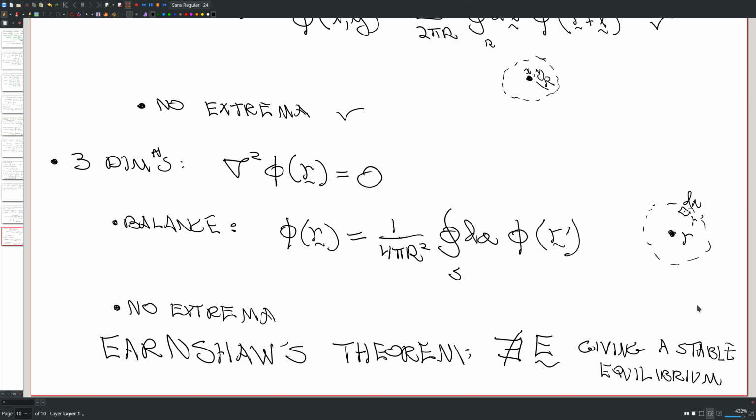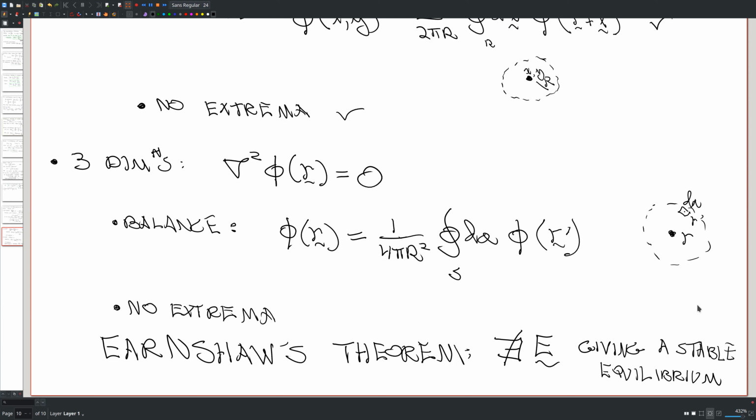So there's no way to hold it. Because if I wanted a stable equilibrium, I would need at that point in space for the force on the charged particle to be zero. And in order for the force to be zero, the field has to be zero.